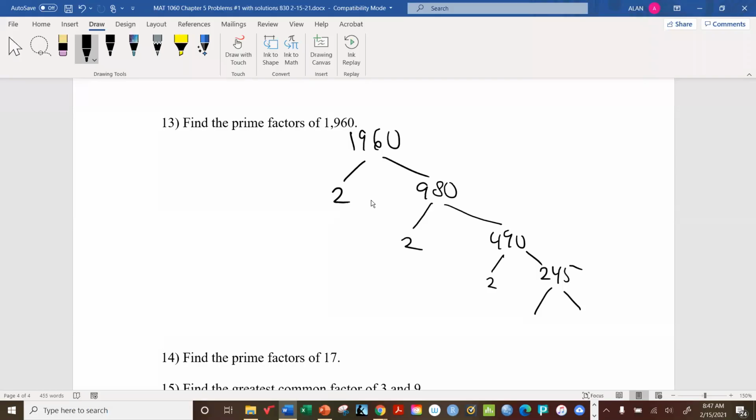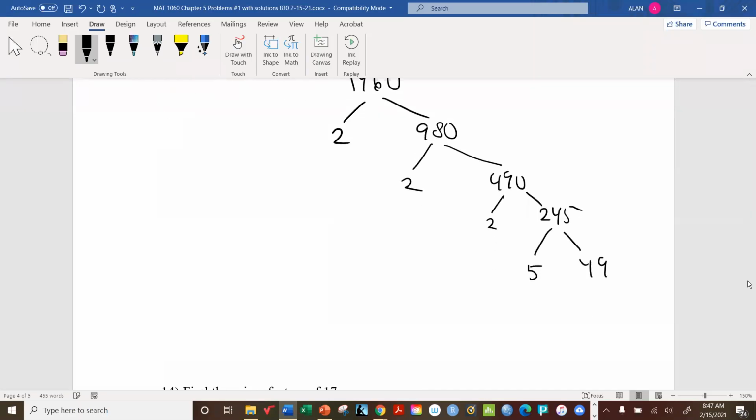See, now this one is divisible by 3. No, it's not. This is a 5. If you divide 5 into this, you get 49. And then the 49, of course, is 7 squared. And 7 is prime. So this one turned out to be a little quicker than we thought. We got 3 2s, a 5, and a pair of 7s.